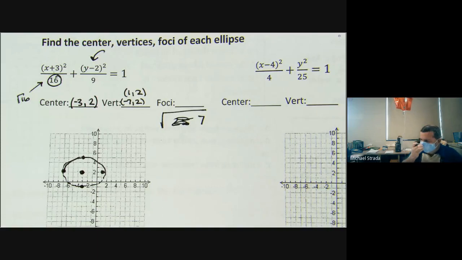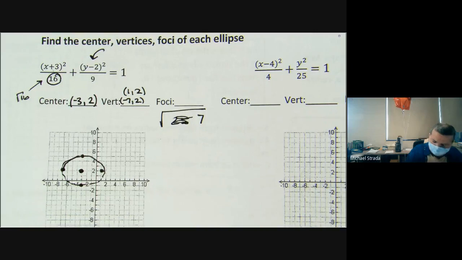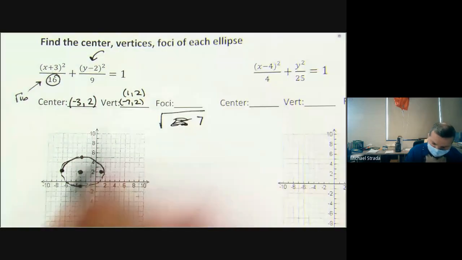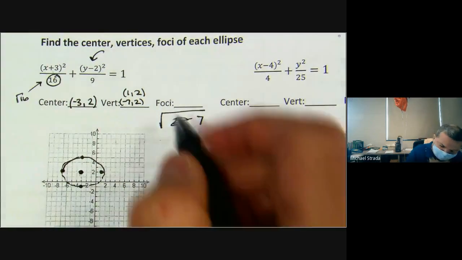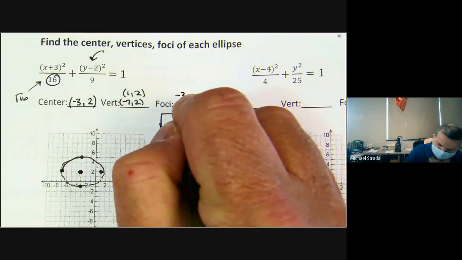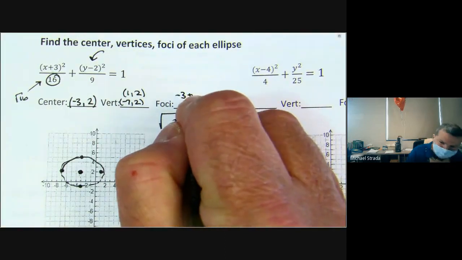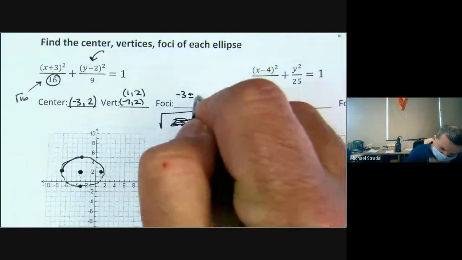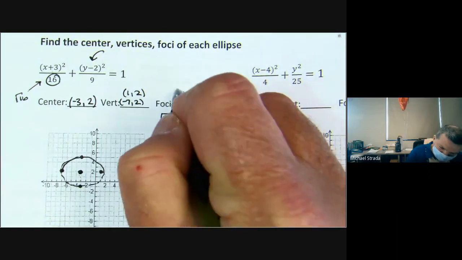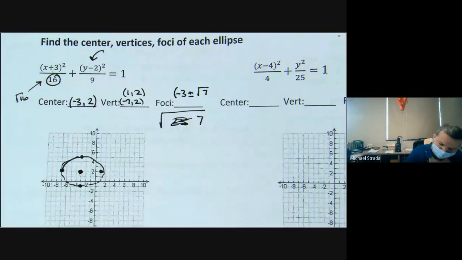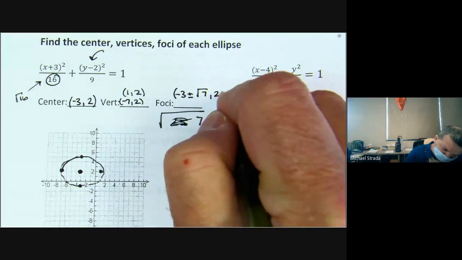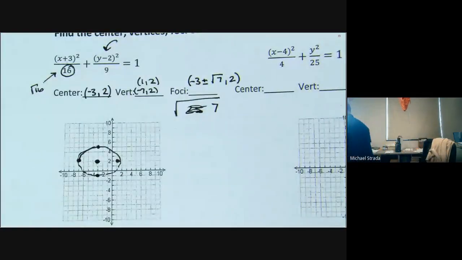Now, when it is not a perfect square, like in this case, for the foci you start with the x-coordinate of the center, which is negative 3, put a plus or minus, and then the square root of 7. And the y-coordinate of the foci stays the same. So it's negative 3 plus or minus square root of 7, comma 2.